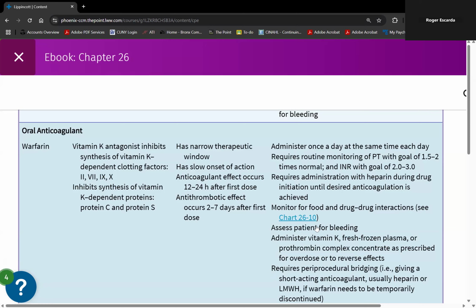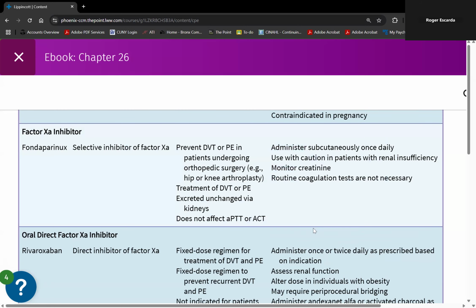So what's the most popular? The 10A inhibitors, okay, or direct thrombin inhibitors, right here. So our 10A inhibitors, although we have fondaparinux here, but this is still sub-Q. Okay, fondaparinux is, I believe, I can't remember the brand name, but yeah, this is sub-Q.